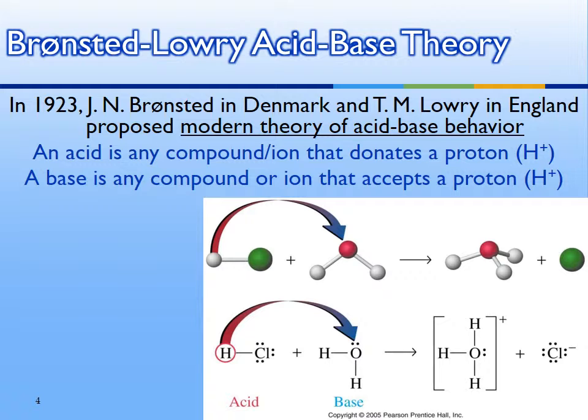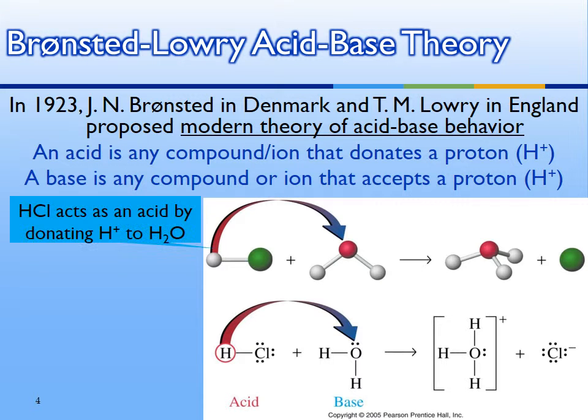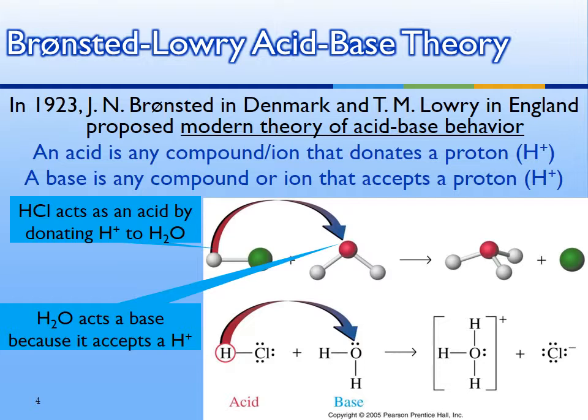So, as you can see from this graphic, when I have hydrogen monochloride being dissolved in water, hydrogen monochloride acts as an acid because it donates a hydrogen ion to water, and in doing so, having lost a hydrogen ion, becomes the chloride ion.